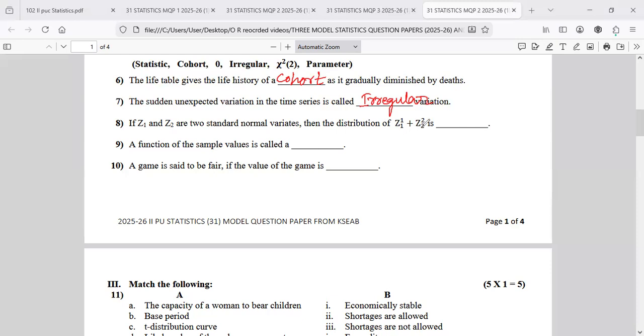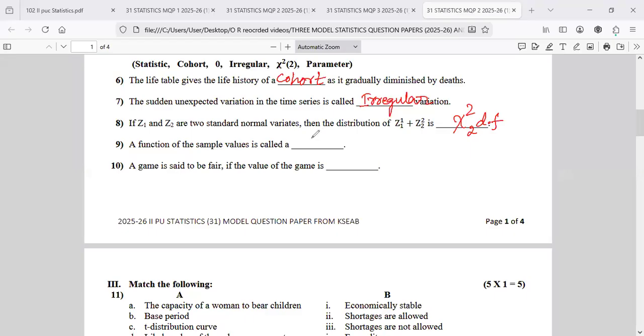Note that when we have a standard normal variate and take the square of it, that is what a chi-square distribution is. How many squares are there? That is important. Here we have two squares. So that is called chi-square distribution with 2 degrees of freedom.